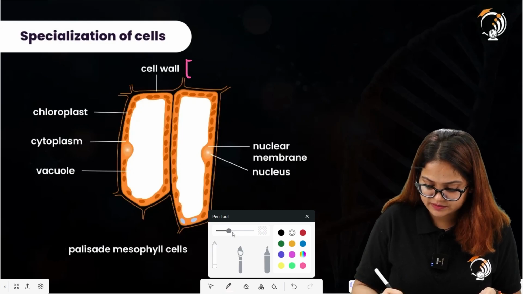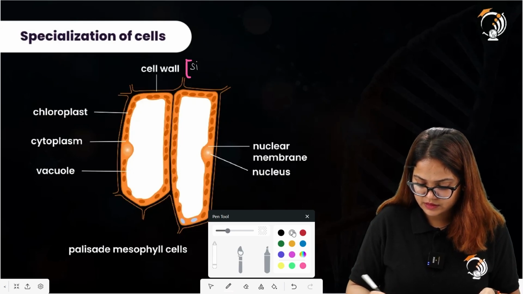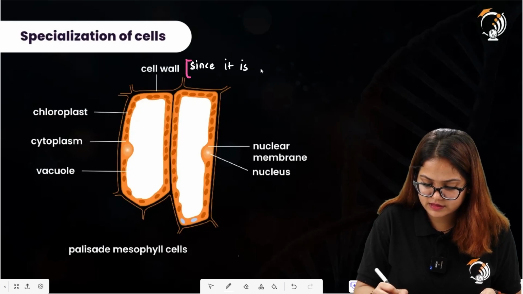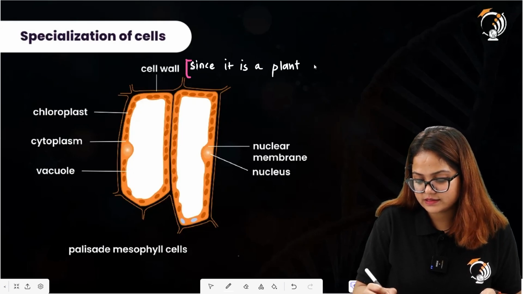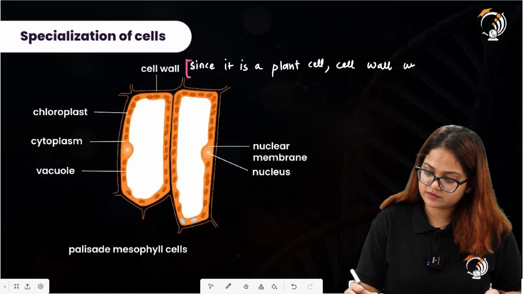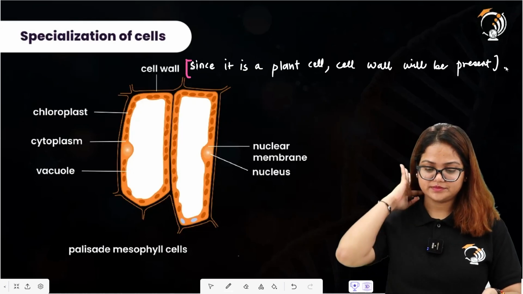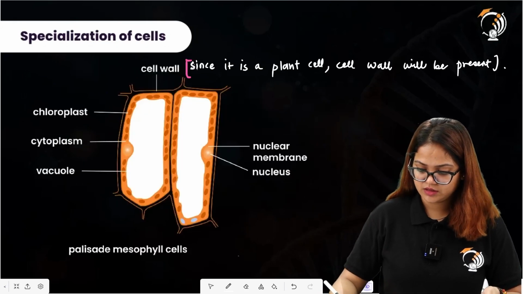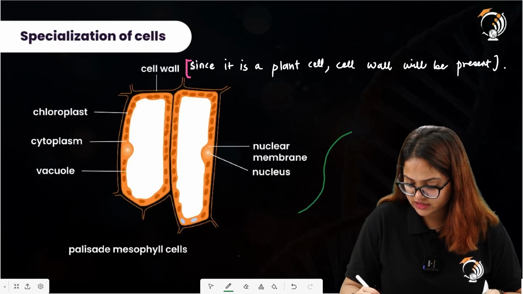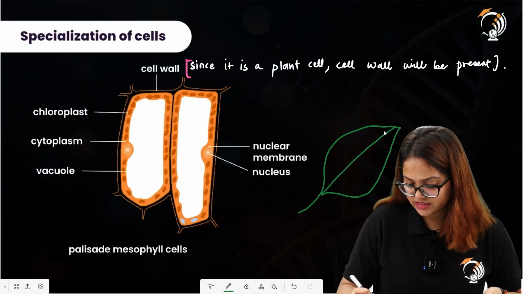Since it is a plant cell, cell wall will be present. All right. Now, where can you observe these palisade mesophyll cells? So let us imagine that this is a leaf. Why imagine? I have already tried to make the leaf structure over here.